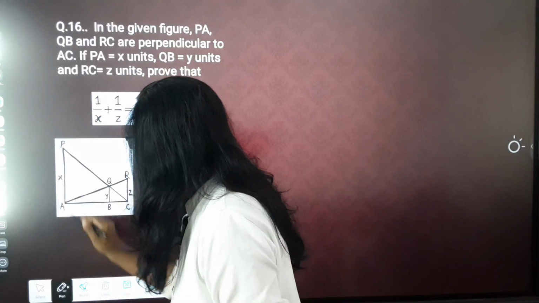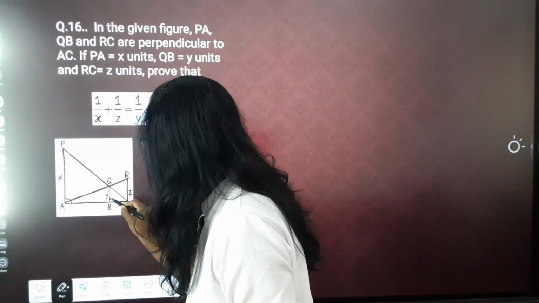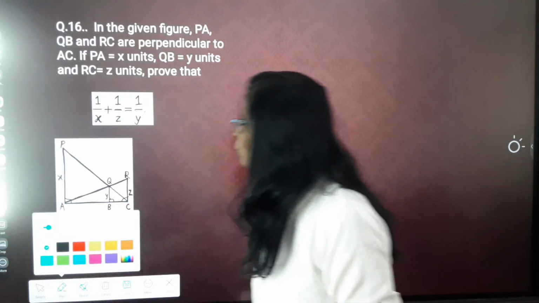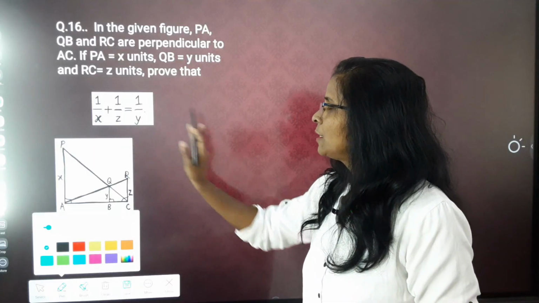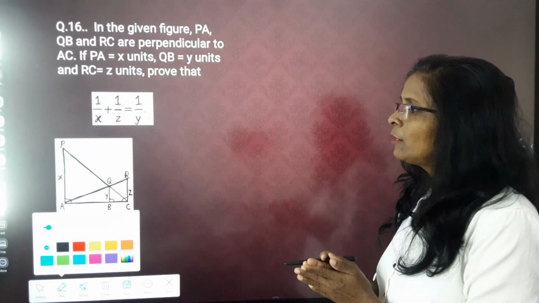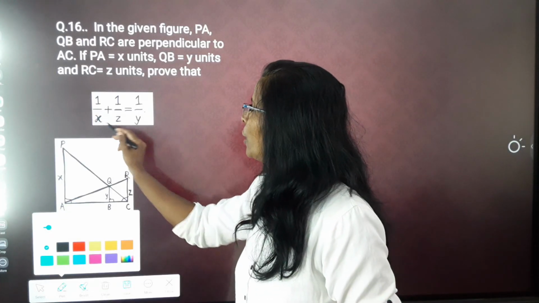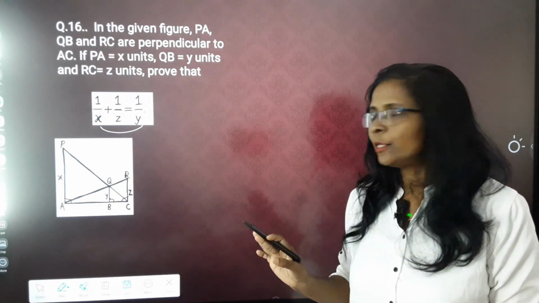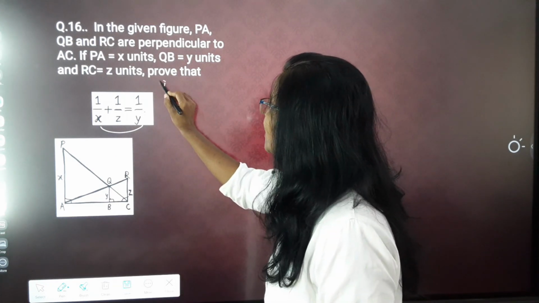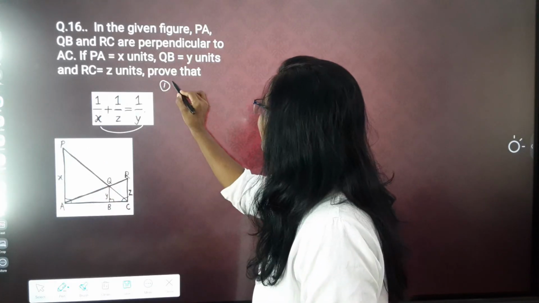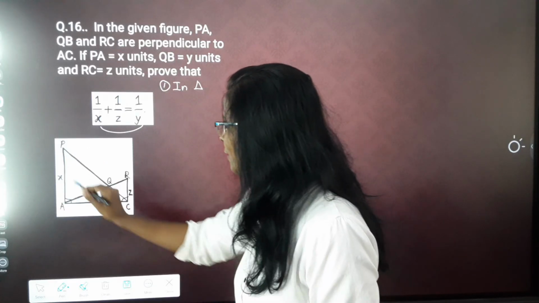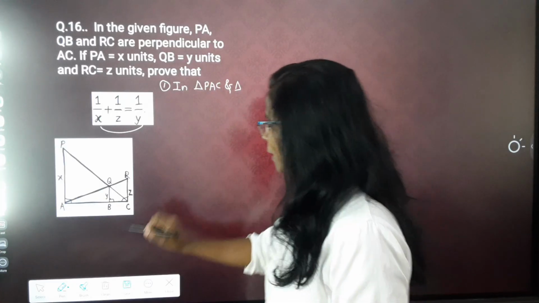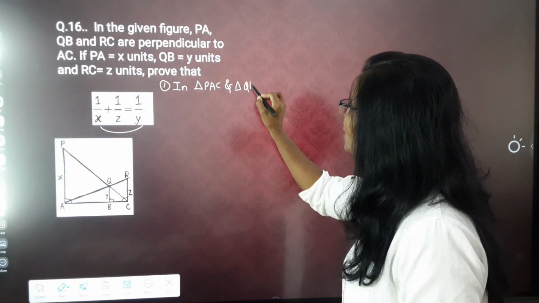So first I show they are perpendicular to AC. Now we have to prove that 1 upon X plus 1 upon Z is equal to 1 upon Y. So, related to the triangles, we choose as the first step taking the two triangles, that is triangle PAC and triangle QBC.